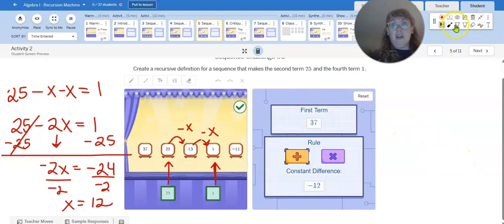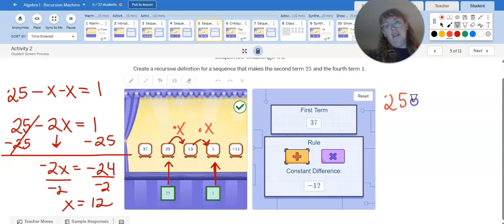To think about it with constant ratio, instead of subtracting x each time, we would be multiplying by some x, 2 x's to get to 1. So we start with 25, multiply it by our constant ratio, multiply it by another constant ratio, and then we get to 1. So this is 25x squared equals 1.